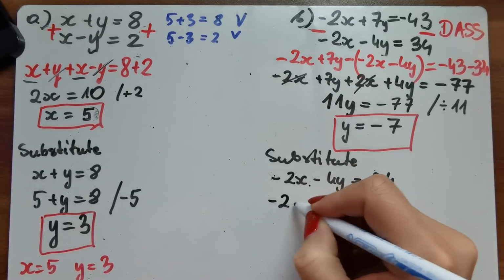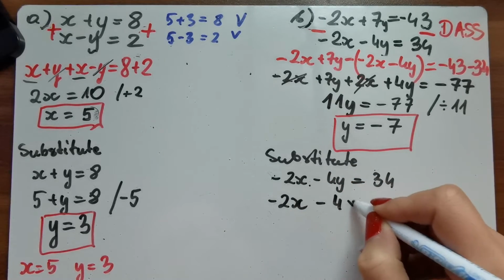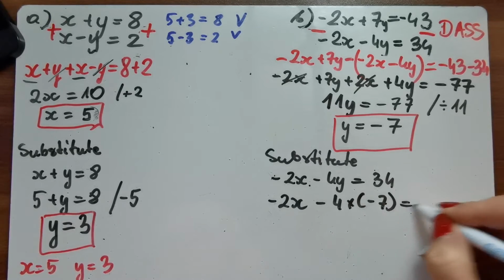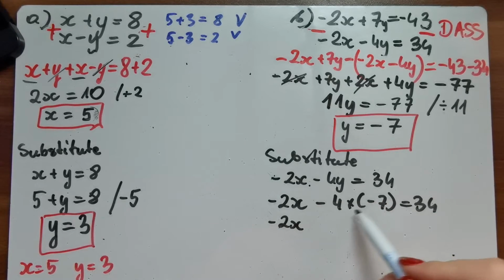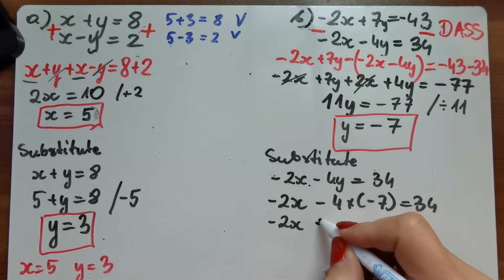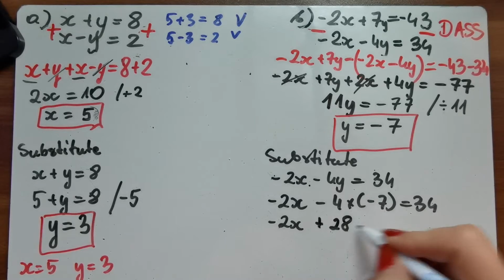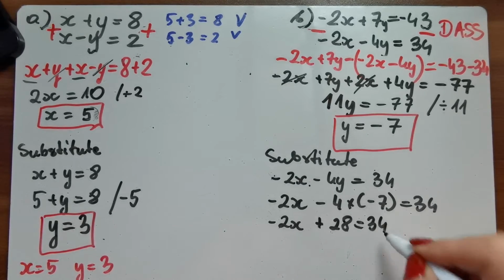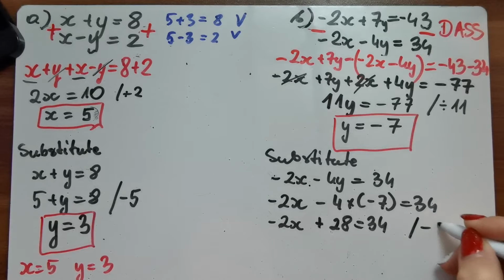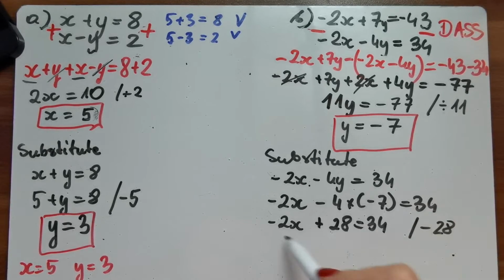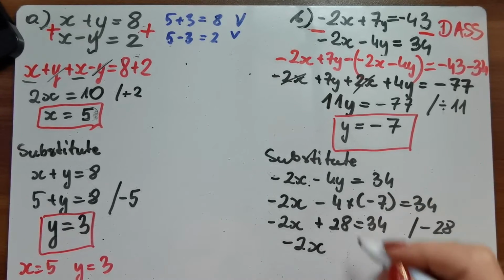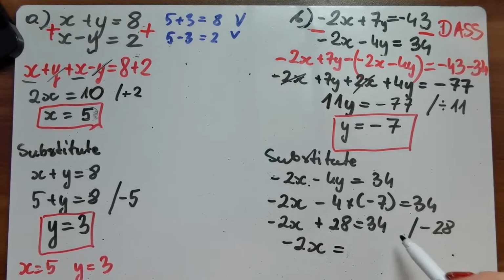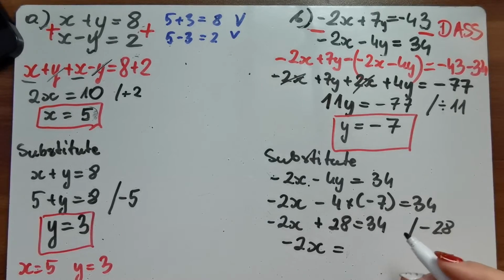So negative 2x, take away 4 times negative 7, must be equal to 34. So negative 2x, negative times negative 7 will give us positive 28, must be equal to 34. So taking away 28 from both sides of the equation, negative 2x will be equal to 34, take away 28, it will be equal to 6.